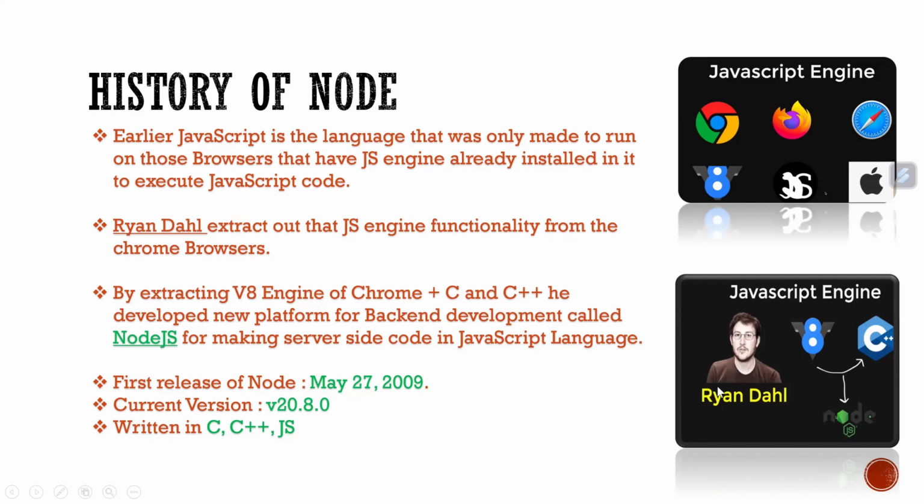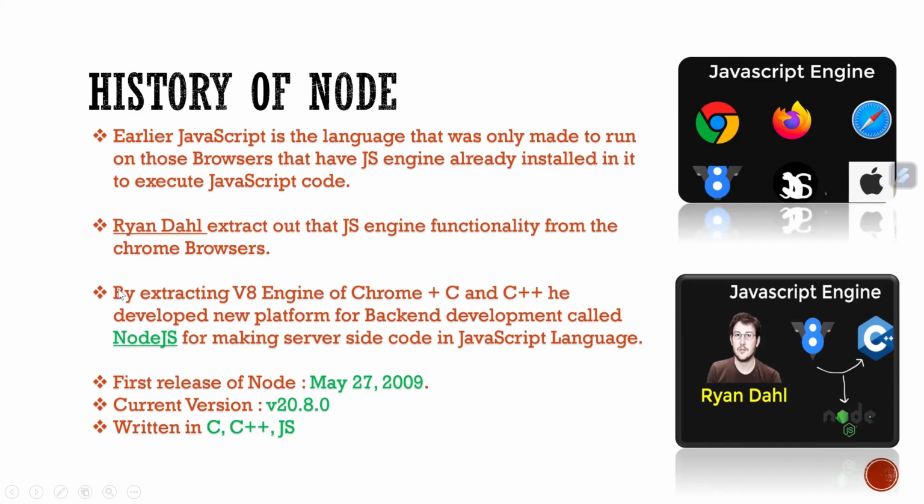This is the guy Ryan Dahl who made this platform Node.js by merging the V8 engine of Chrome and some C++, which is a language very close to the machine. After merging these two technologies, he created Node.js for executing JavaScript code outside the browsers.